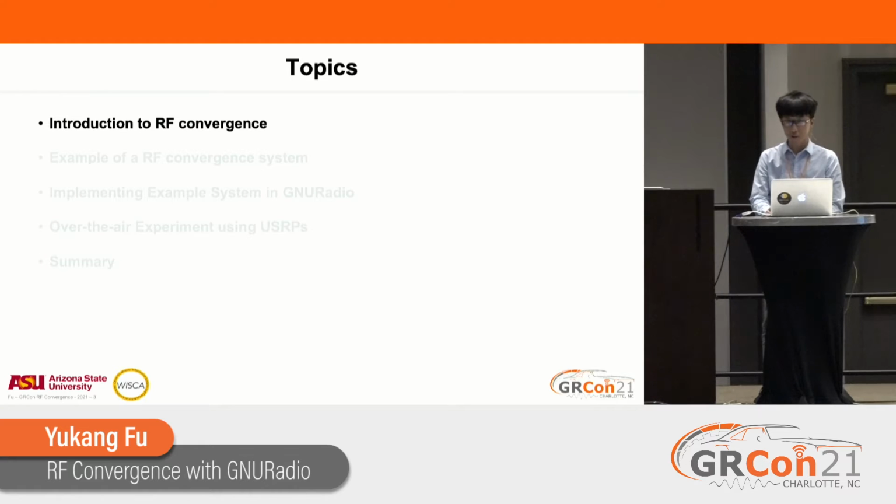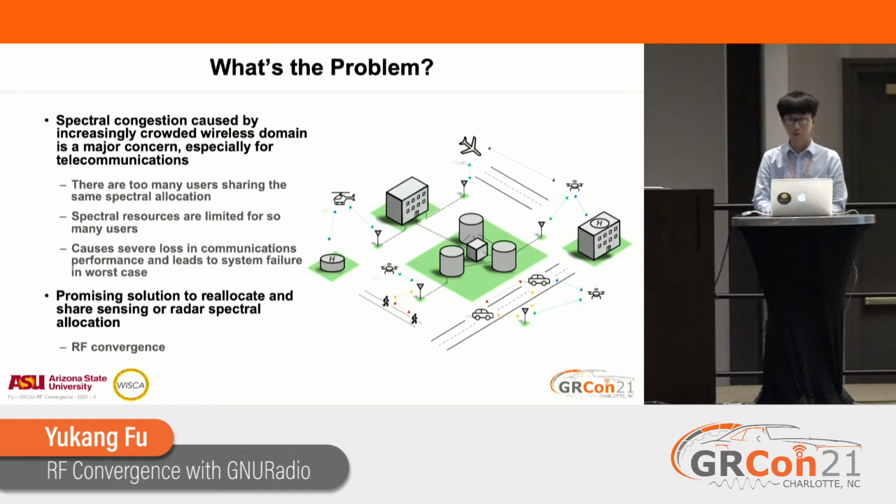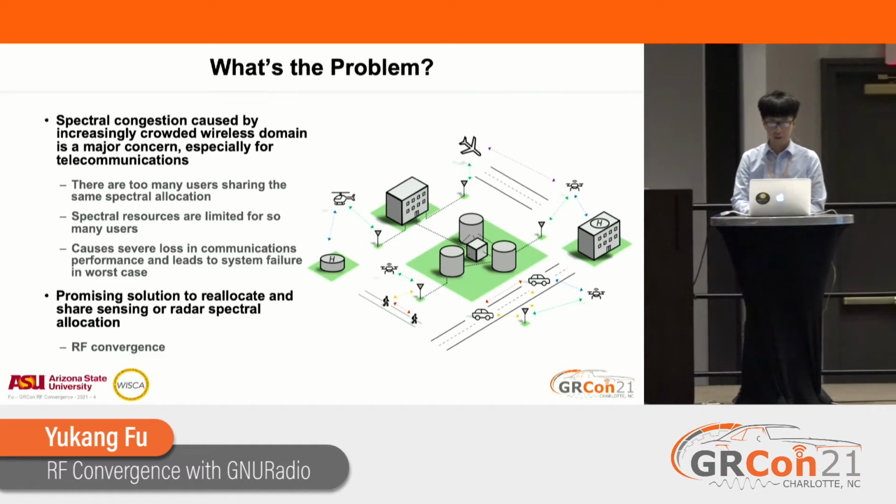First, let me introduce the concept of RF convergence. Before introducing RF convergence, we need to realize the problem we're facing nowadays. Spectral congestion caused by an increasingly crowded wireless domain is a major concern, especially for telecommunications. As you can see in the picture on the right, there are so many communication users, and they probably share the same spectral allocation.